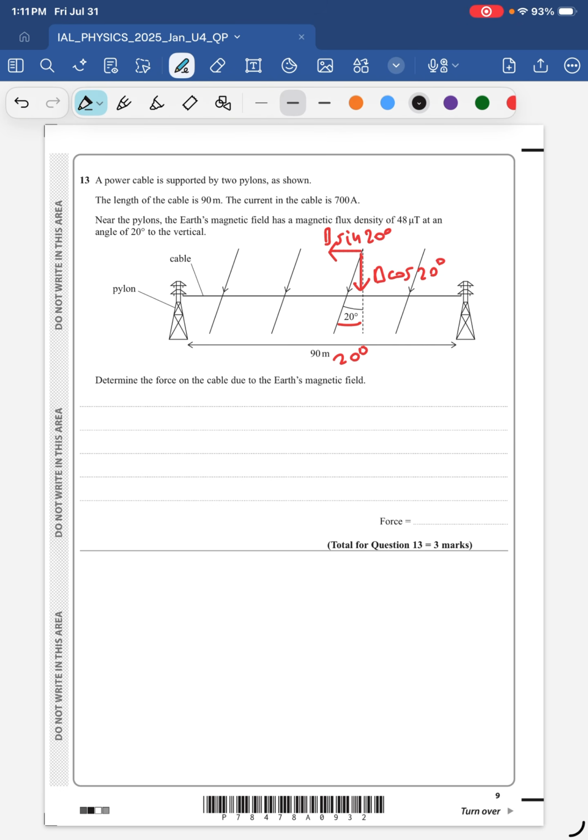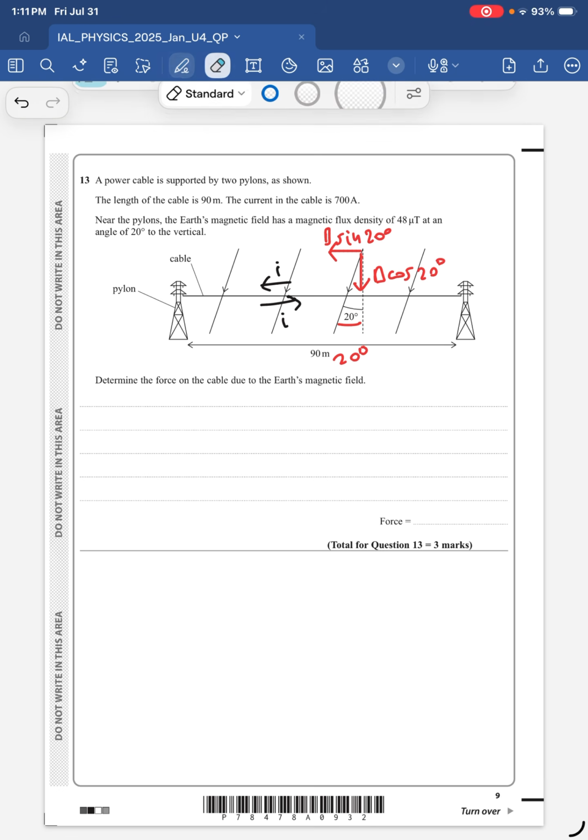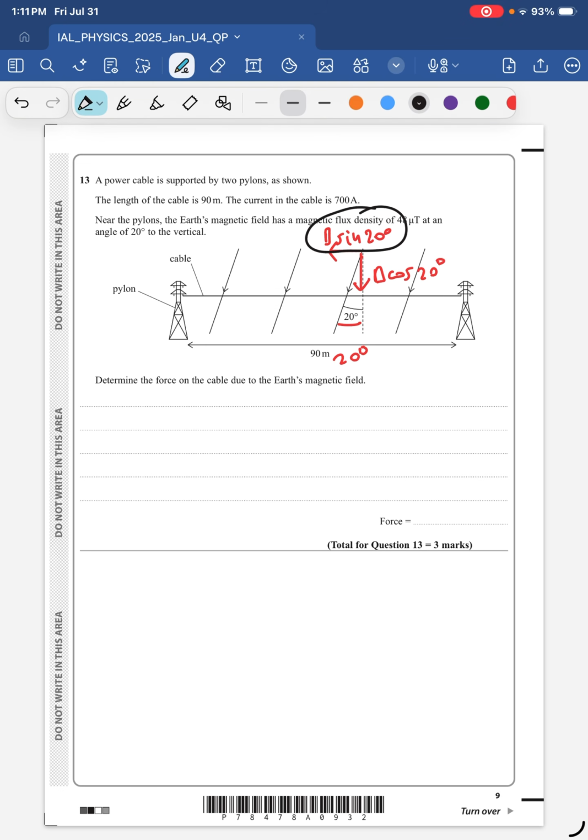The second thing is to realize that the current goes in this, do they specify? Doesn't matter. So the current might be going in this direction or that direction. I think it doesn't really matter. So the important thing that does matter is that this component, the B sine 20 degrees, is parallel to the current. Therefore, no force is exerted.